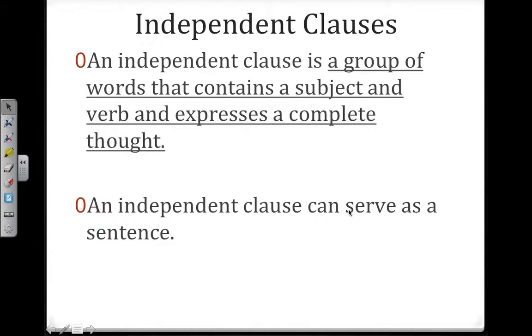So an independent clause is a group of words that's going to contain a subject and a verb. That's our pair of subject and verb, and it's going to express a complete thought. Since it has a subject, it has a verb, and it expresses a complete thought, those are our three qualifications for a sentence. An independent clause, therefore, can serve as a sentence all by itself.